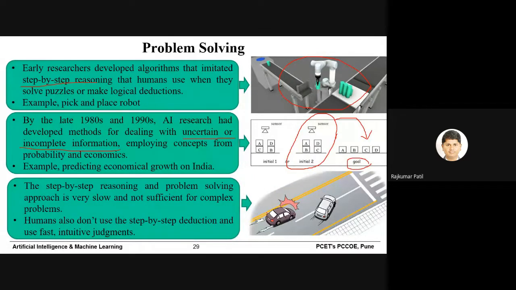For example, suppose you are traveling or driving a car and suddenly another car comes in front of your car. In that case, you will not apply step-by-step reasoning, or you don't have time to do the process step by step, how much brake is to be applied, how much we need to decelerate and all these things.